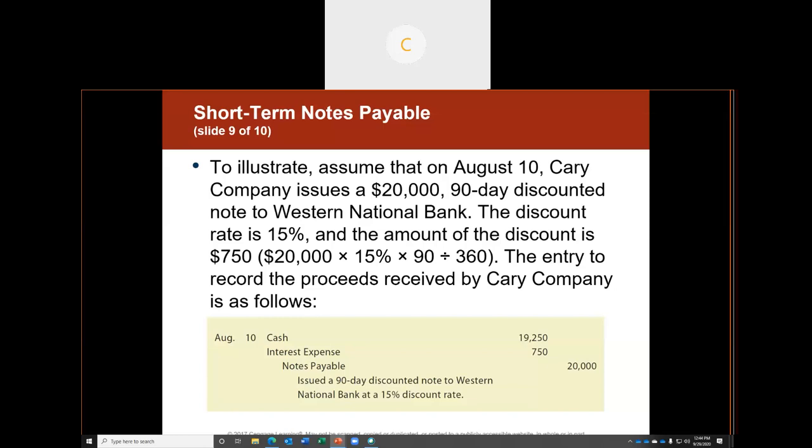The note requires an annual payment of 20,602, with the first payment occurring on the last day of the fiscal year. Then they said the first payment consists of 6,250 interest and a principal repayment of 50,352. And then it says journalize the following entries. I get lost there because I get confused.